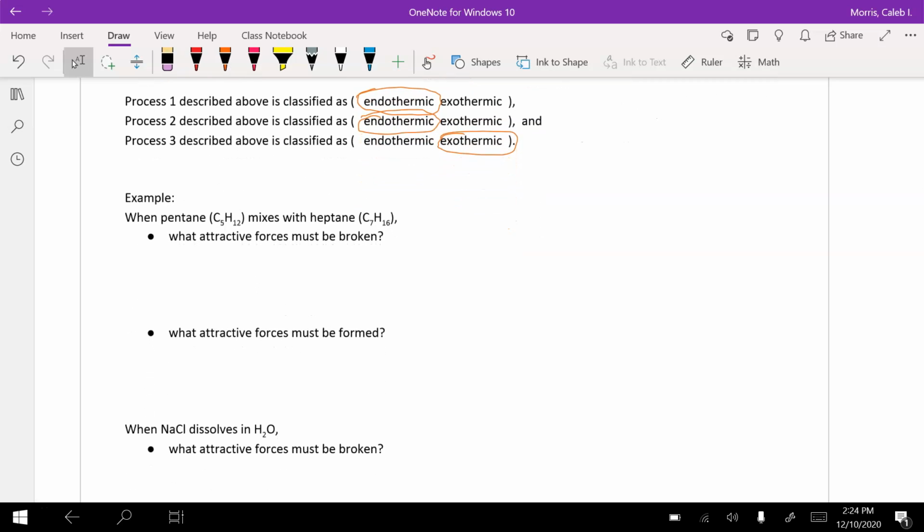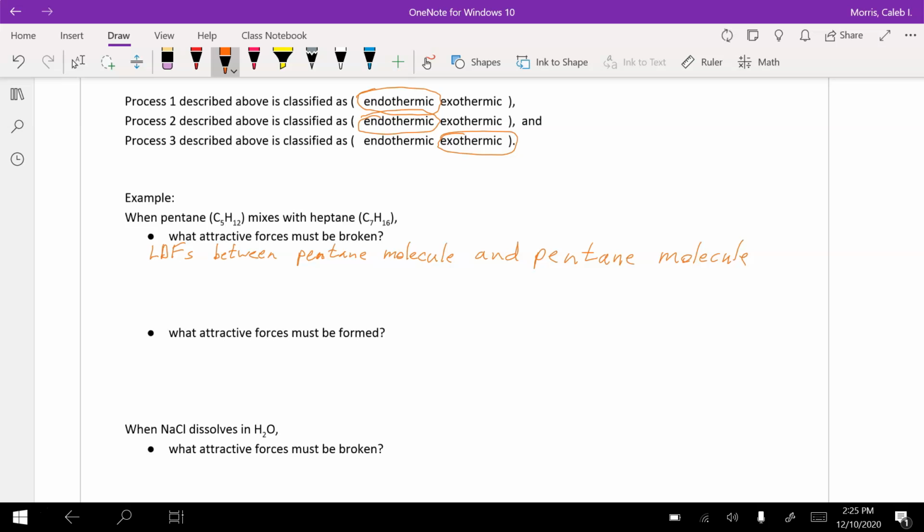Let's do an example here. When pentane mixes with heptane, what attractive forces have to be broken? Well, we have LDF, London dispersion forces, between a pentane molecule and another pentane molecule.